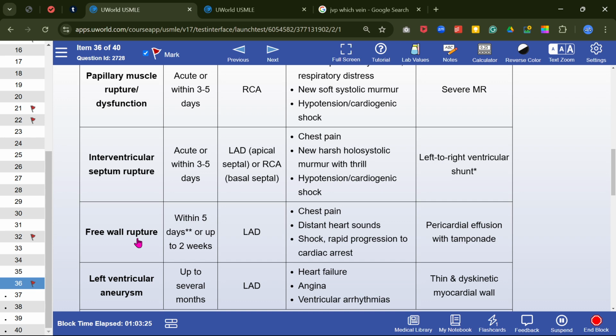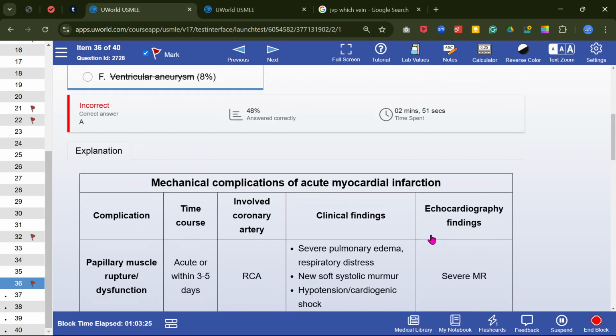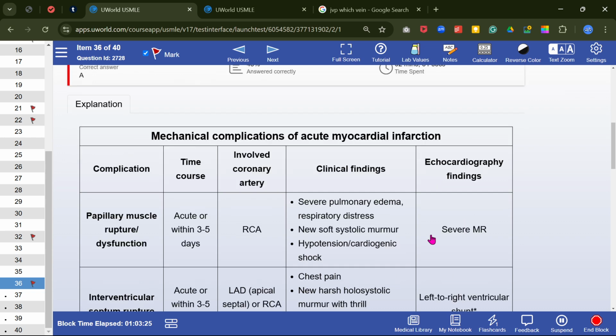Papillary muscle rupture, remember it as PROM: papillary muscle rupture, RCA, and severe MR. PROM, like prom night. Why am I saying this?